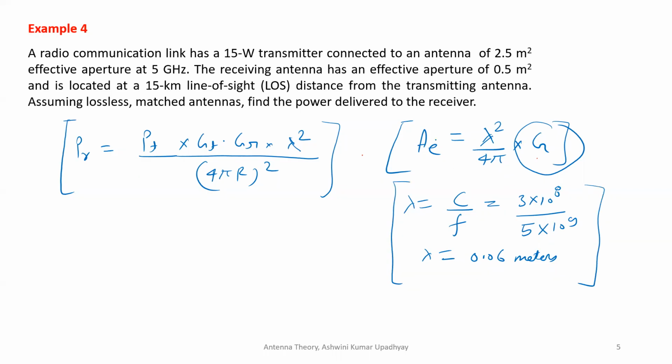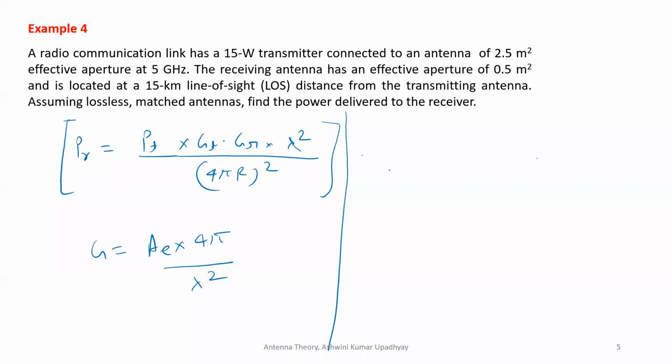So if you represent this G in terms of A, you will have to replace G is equal to A multiplied by 4 pi divided by lambda square. So let us do this. Your PR formula will become now PT divided by 4 pi R whole squared.